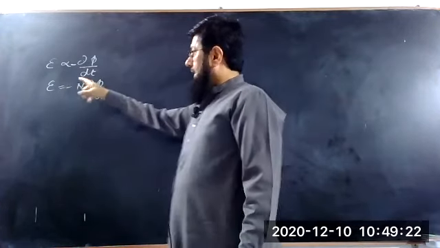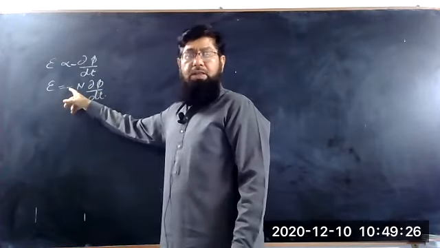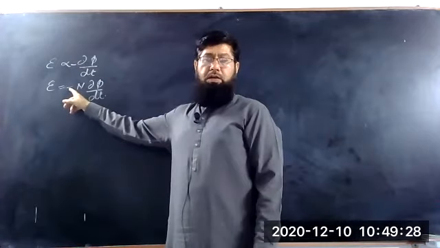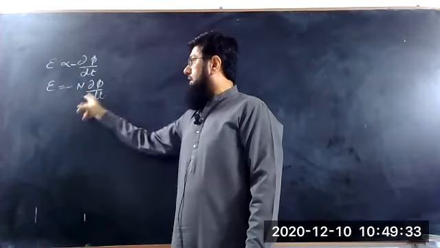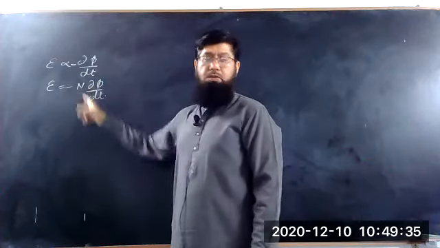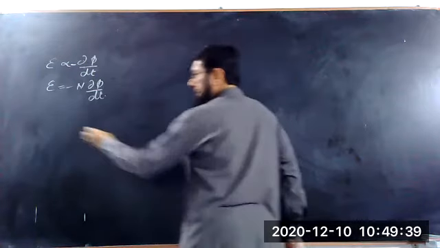This indicates that the induced EMF produced in the coil will generate its own magnetic field. As a result, that magnetic field opposes the cause that is producing it. For example, let's say this is the coil.